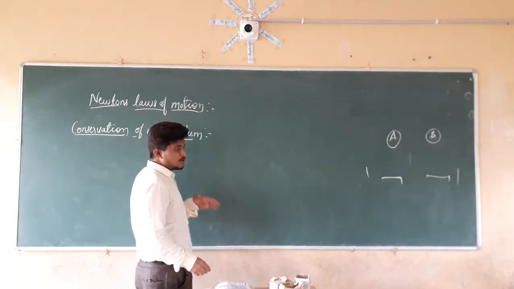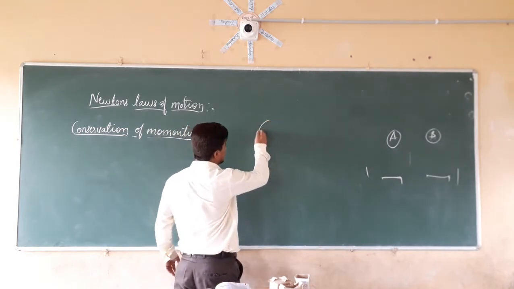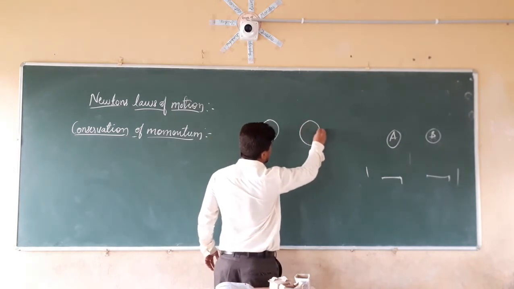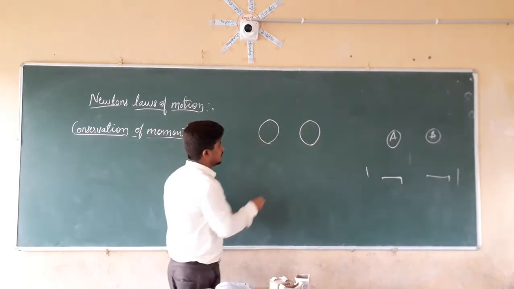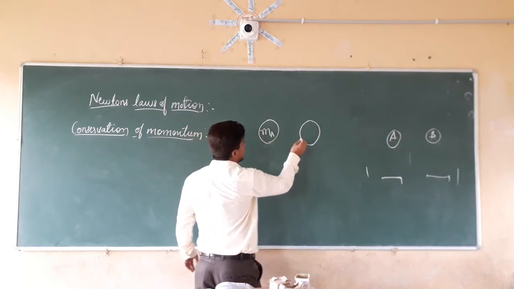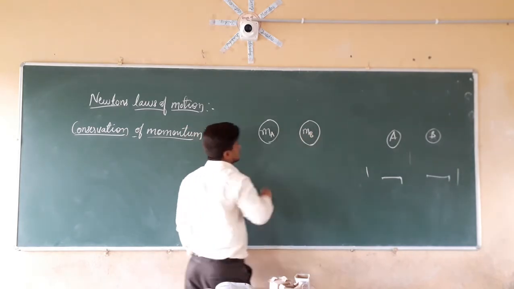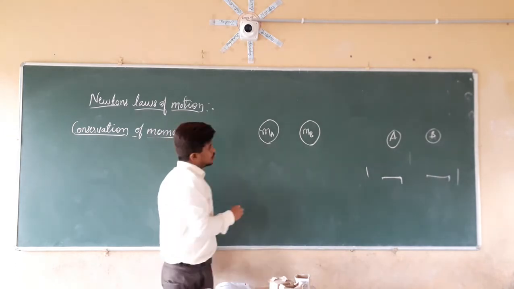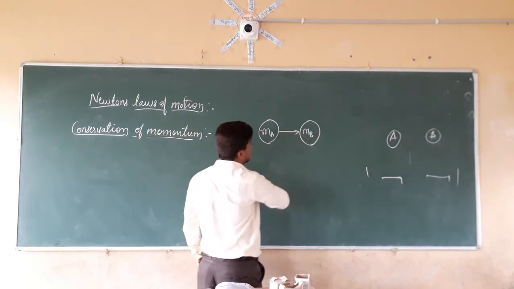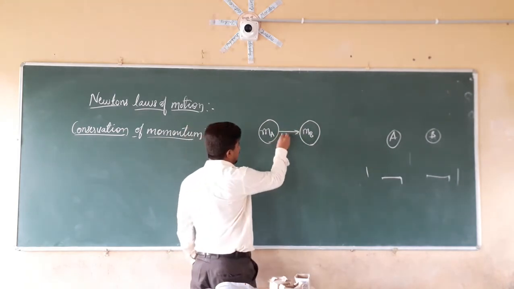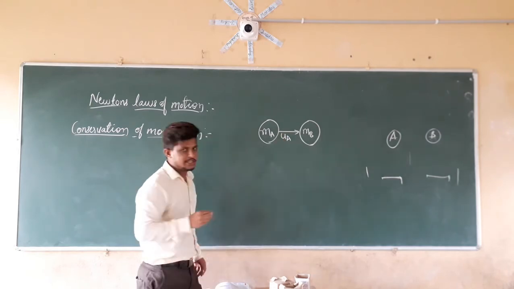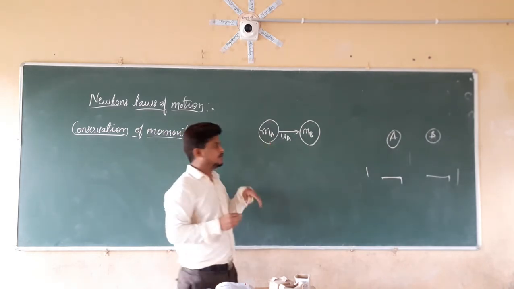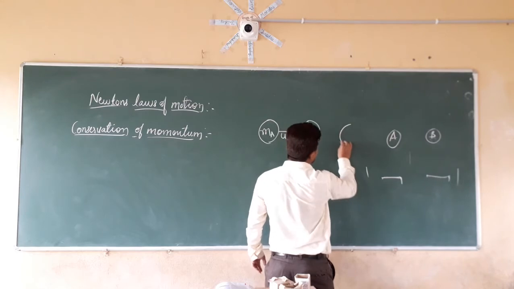We are going to take two balls, ball A and ball B. Let the mass of ball A be MA and the mass of ball B be MB. We push ball A towards ball B with an initial velocity of UA, and this ball is going to collide with ball B like this.